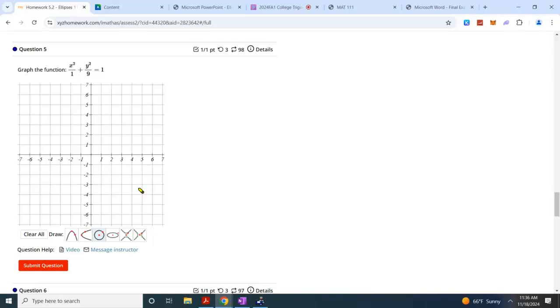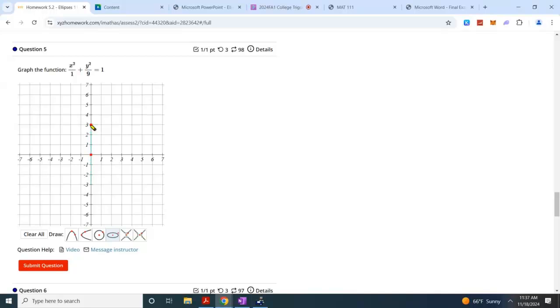So now here's how I'm going to graph it. I'm going to choose the elliptical tool. I'm going to plot my point in the center. This time, since my major axis is vertical, I'm going to go up 3 units, because the square root of 9 is 3. 1, 2, 3.